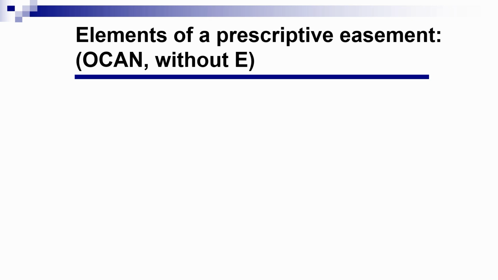Well, they're very similar to the elements for adverse possession. You may remember that when we covered adverse possession, we used the word OCEAN, O-C-E-A-N, to remind us of the 5 legal elements that have to be proved. With a prescriptive easement, there are only 4 elements, O, C, A, and N. E isn't on the list.